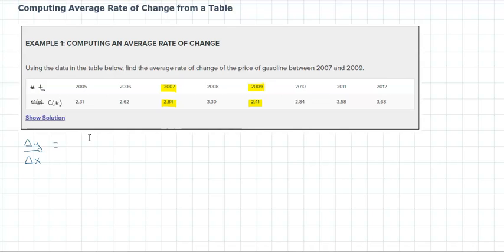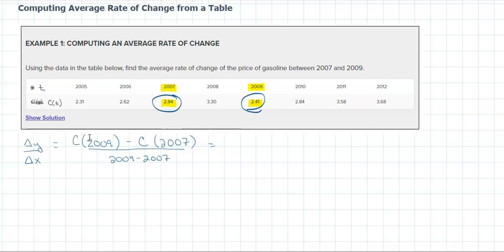So we've got the cost in 2009 minus the cost in 2007 over the change in x, which is time, 2009 minus 2007. All right, well, the cost in 2009 is here, 2.41, and the cost in 2007 is here.